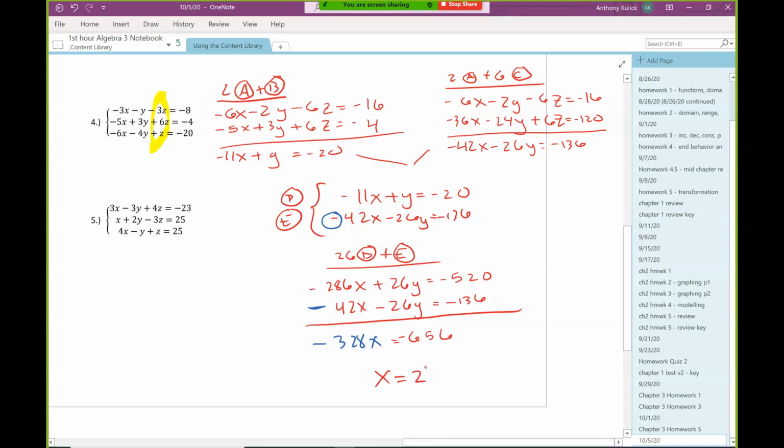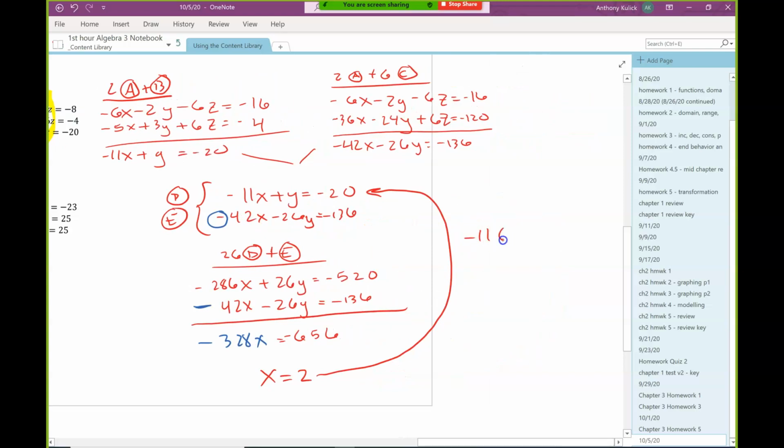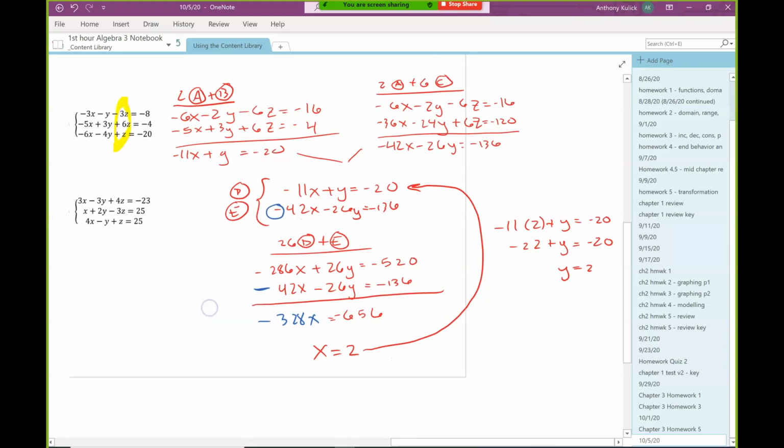Okay. So once we have this, we can find y by substituting it back into either D or E. I would choose to put it into D. So when I add 22 to both sides, I get y equals 2. And then to solve for z, I'm going to take both of these and plug it back into one of these.